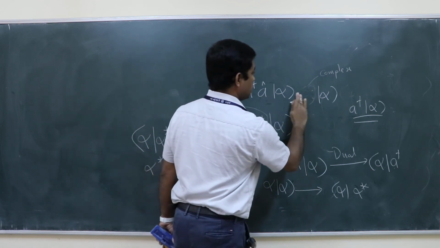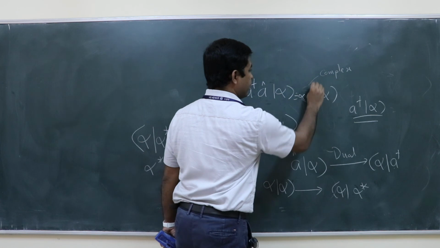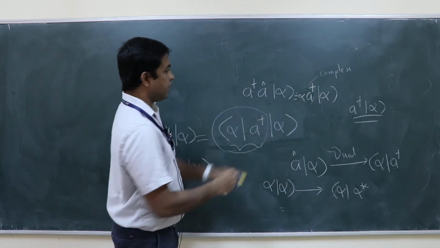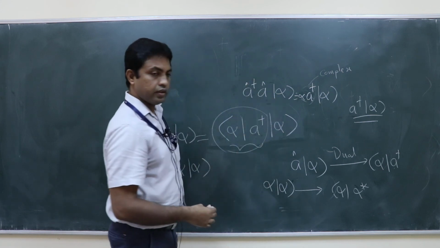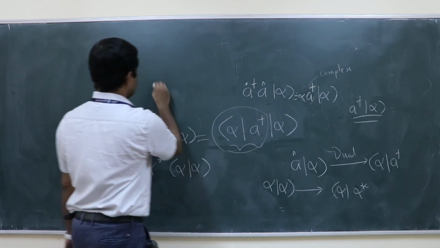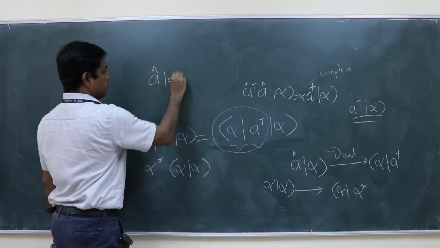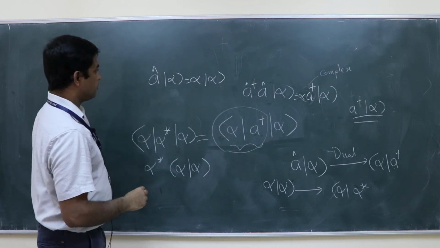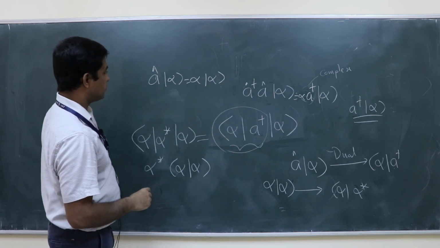Total dagger on total, alpha A dagger. Okay, but what is this? My point is, can you take the dagger on both sides, like dagger of A?